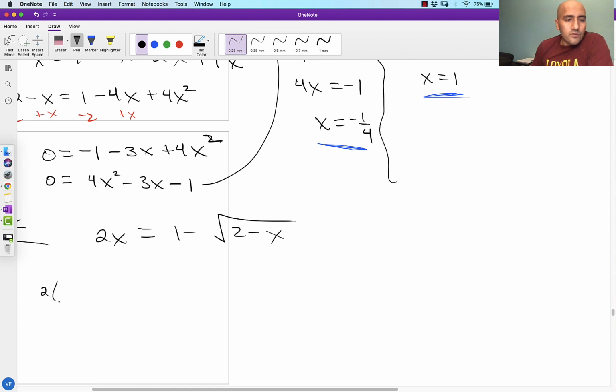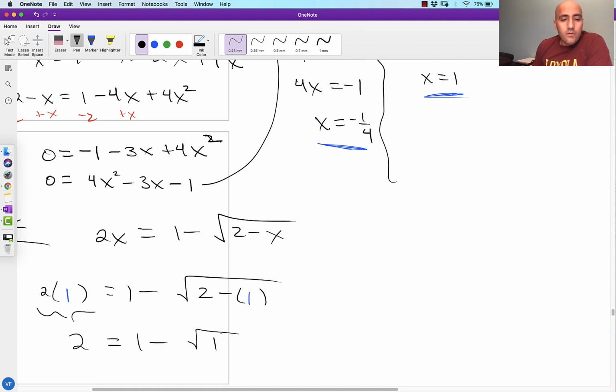I'll have 2 times something is equal to 1 minus the square root of 2 minus something. If I put a 1 there and I put a 1 there, I get on the left-hand side a 2, right? These guys multiply to 2, equals 1 minus, and this will become 2 minus 1. That'll be root 1. Root 1 is just 1, so I get 2 equals 1 minus 1, which is then going to be equal to 0, right?